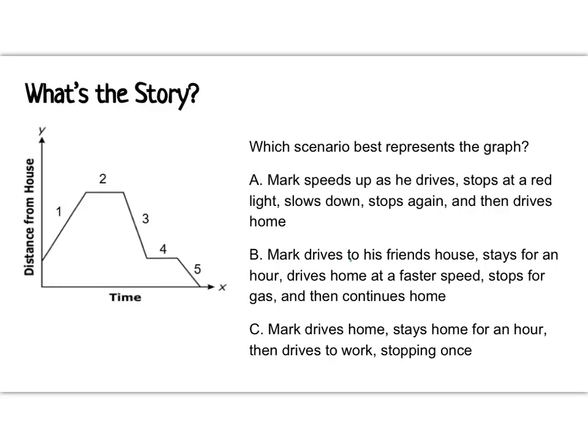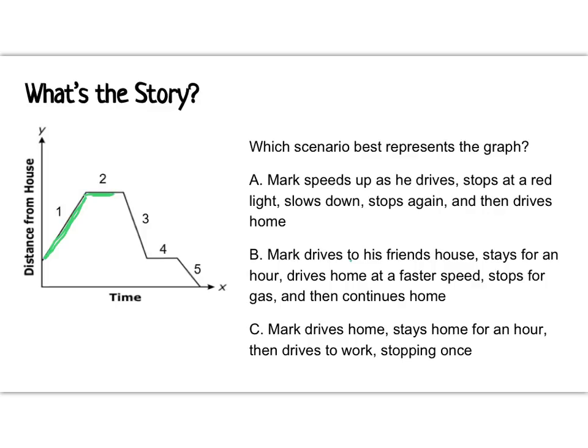So let's look at A. Mark speeds up as he drives, stops at a red light, slows down, stops again, and then drives home. Well, when I look at this, speeding up, my line right here, if it's straight, that means he would be driving at a constant rate. So he does stop. A straight line would mean he stopped because he's not moving.